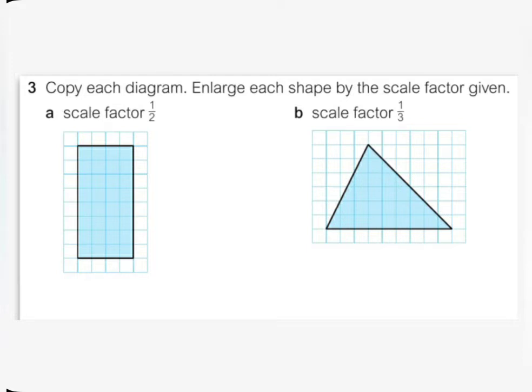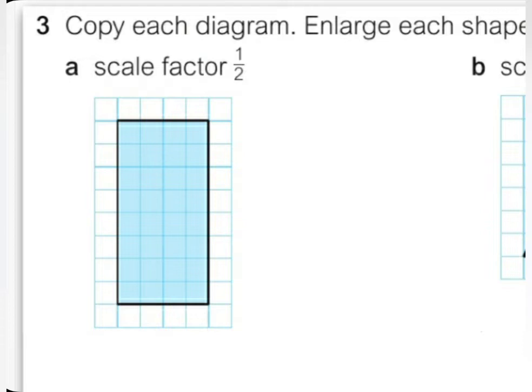Now, let's take a look at this question A here. We have a rectangle, and this rectangle is 4 centimeters by 8 centimeters. Now, he wants you to enlarge this shape by a scale factor of half.